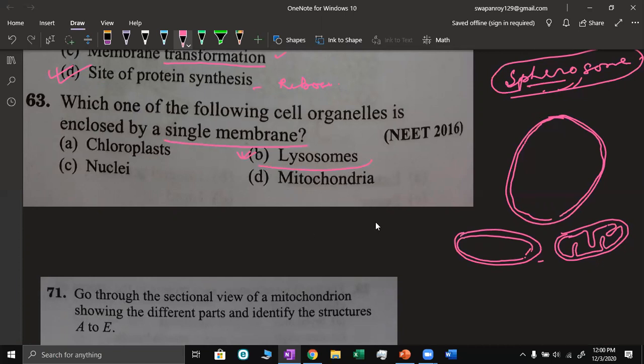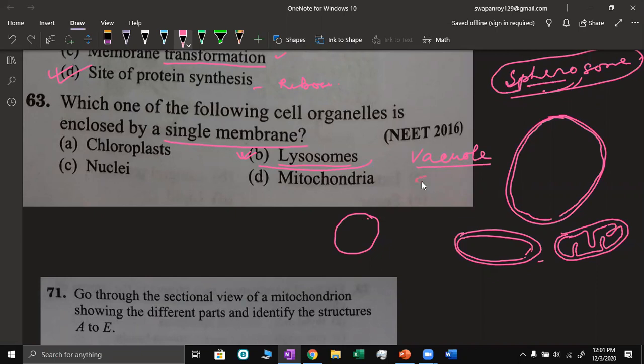It has only one layer of membrane. Along with the lysosome, another one is the vacuole. Vacuole also is bounded by only one membrane, and that one is called the tonoplast.